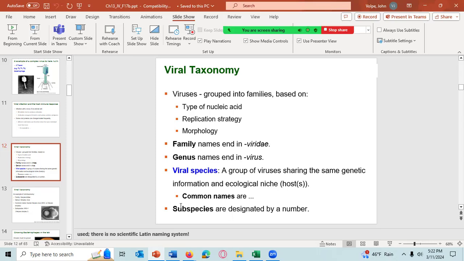Let's talk about how important the subspecies is. Actually, you already know that herpes simplex type 1 and herpes simplex type 2 are really different in the diseases they cause. Herpes simplex type 1 tends to cause cold sores, usually around the mouth or the nose. And herpes simplex type 2 causes sores around the genitals.